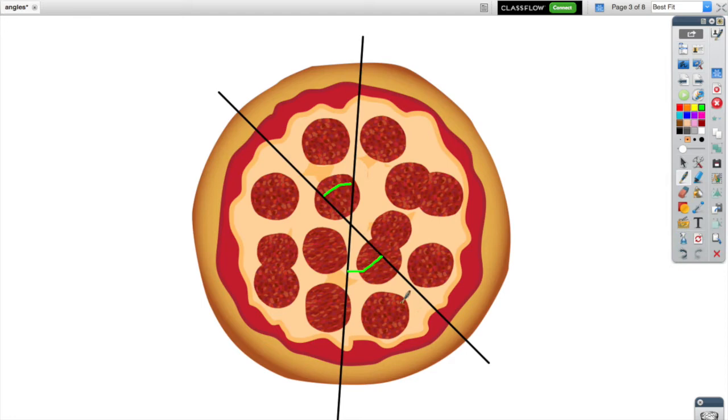Now the other thing that's interesting to note is that since these were cut at the same time, they're mirror images of each other. And so that not only means that they're vertical angles and directly across from each other, but that these vertical angles must be congruent. The size of this angle right here, in terms of degrees, is the exact same as this angle here.